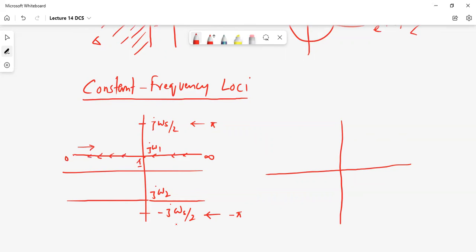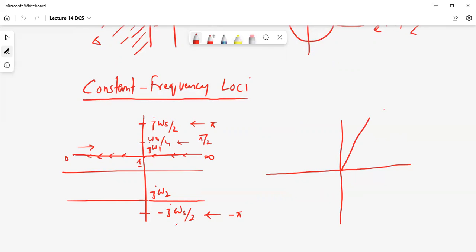Now, as you can see, since it is definitely lesser than omega s by 2, you can have omega s by 4, which corresponds to pi by 2. So this value has to be lower, which means you will have less than pi by 2. So you're going to have a line like this.